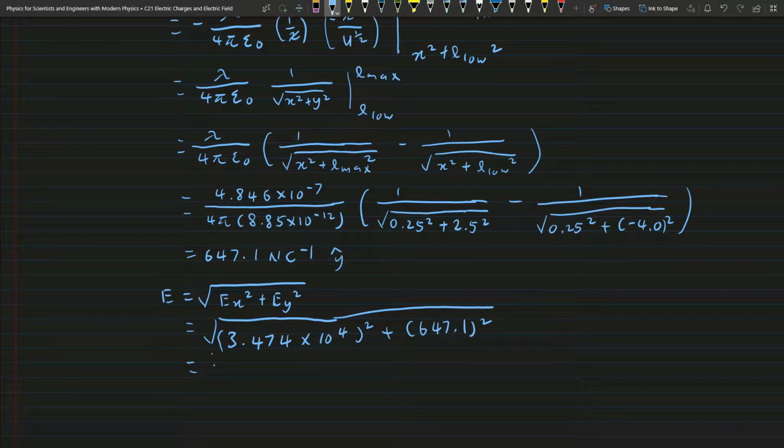So I guess this is 3.475 × 10^4 newton per coulomb.